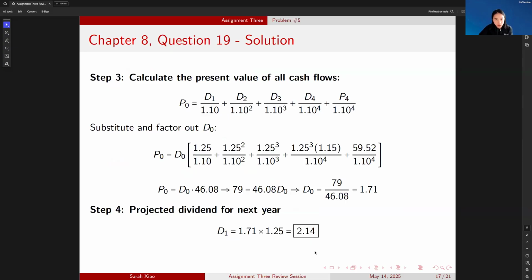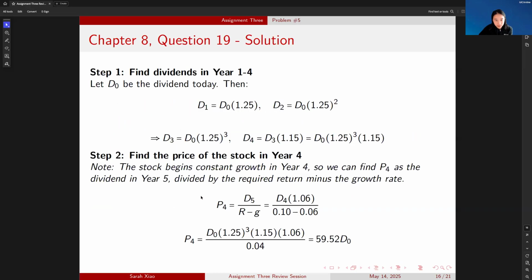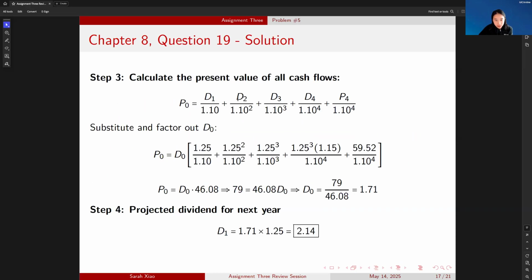Okay. And step 3 is to calculate the present value of all cash flows. P0 should be D1 divided by 1 plus the 10% required return, plus D2 divided by 1 plus required return to the power of 2, and so on and so forth.